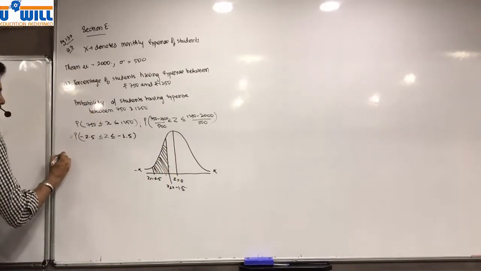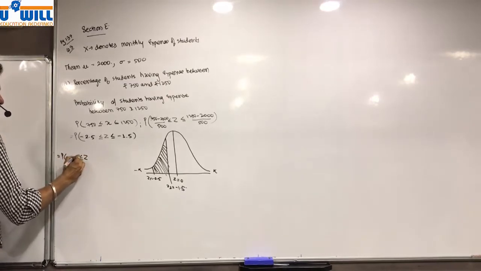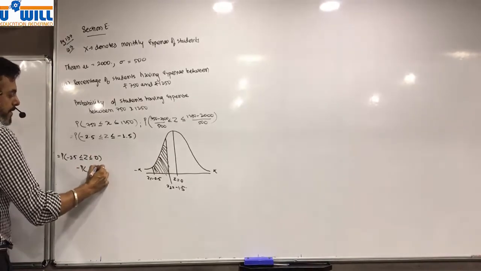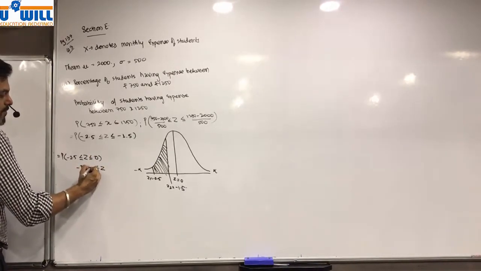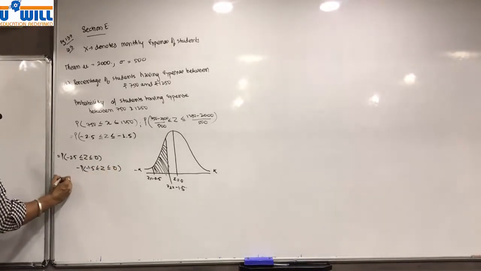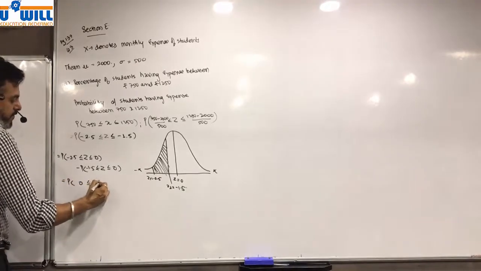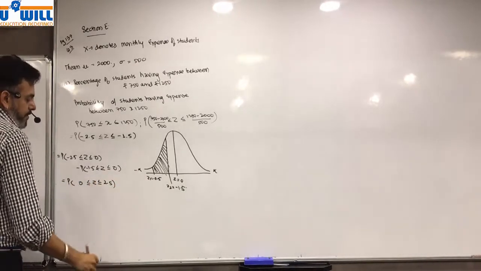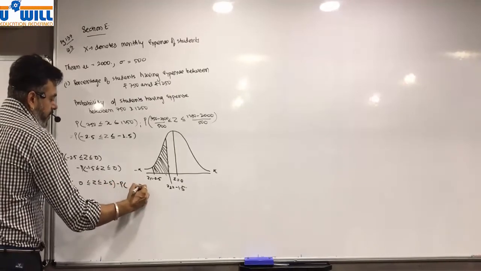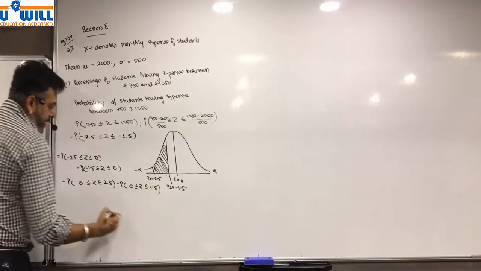Make the equation: probability of Z greater than equal to minus 2.5 less than equal to 0 minus probability of Z greater than equal to minus 1.5 less than equal to 0, which is equal to probability of Z greater than equal to 0 less than equal to 2.5 minus probability of Z greater than equal to 0 less than equal to 1.5.